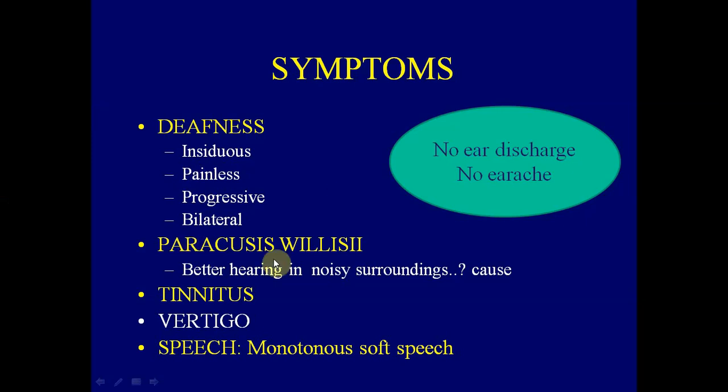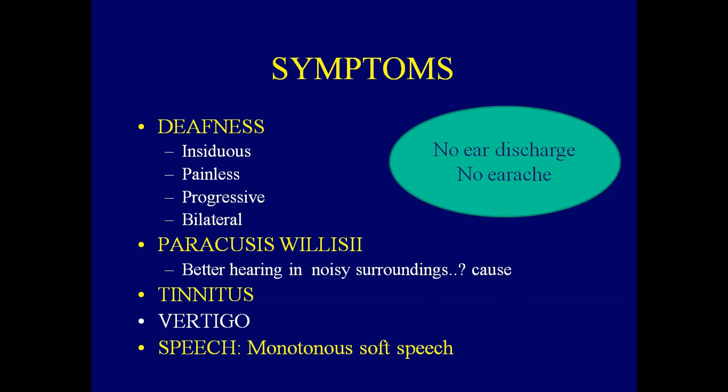And there is one interesting feature of otosclerosis, paracusis willisii, where the patient says that they can hear better in noisy surroundings, especially when they go to a marketplace, than during conversation in a less noisy surrounding. Why is it so? The explanation is that in noisy surroundings, the normal person will automatically raise their voice.